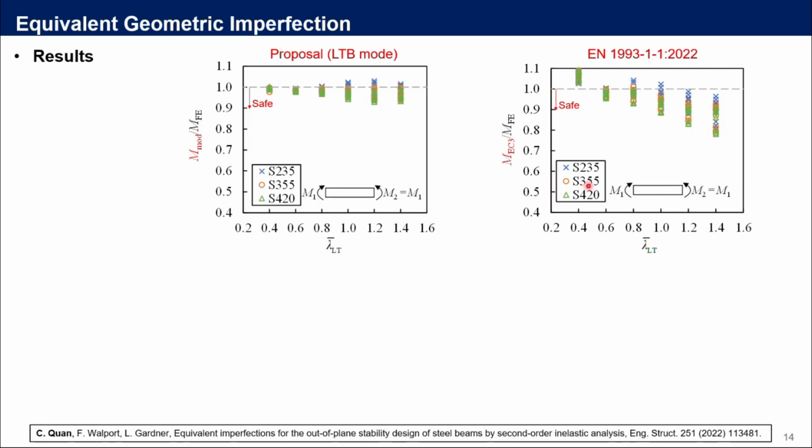Both were normalized by the benchmark FE results. A ratio equal to 1 means accurate member resistance prediction, and below 1 means safe predictions. Here we can see that compared with the hand calculation approach, employing the proposed equivalent geometric imperfection in GMNIA provides more accurate and consistent member resistance predictions. Also, it could eliminate some unsafe predictions.